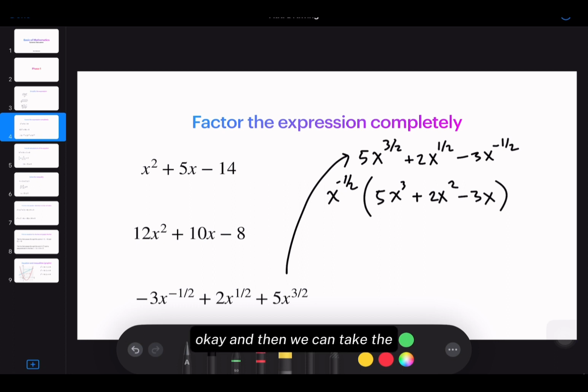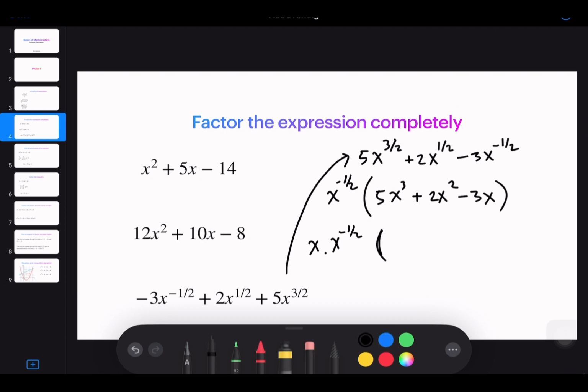Okay, and then we can take this component here, and then take this x outside.